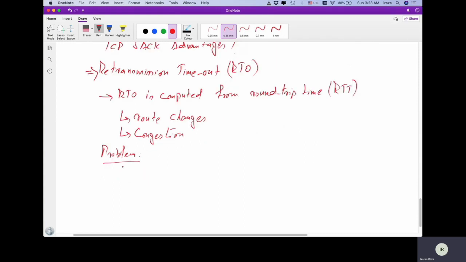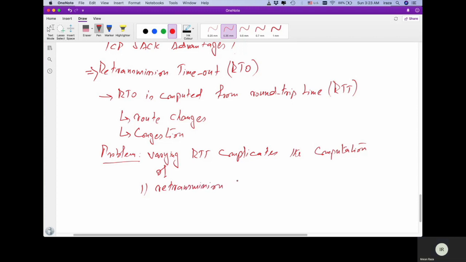The problem is that varying round trip time complicates the computation. Number one, obviously, the retransmission timeout.